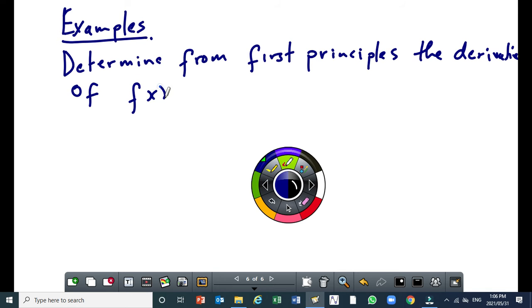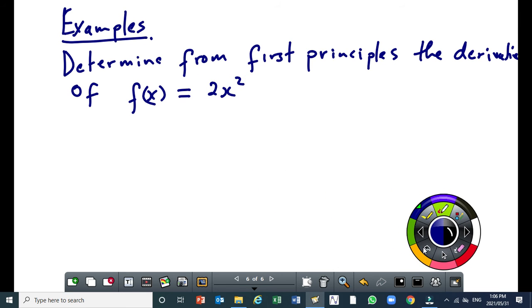So we can have f of x equal to 2x squared. What this means is we want to determine a general formula for the gradient of f of x equal to 2x squared in terms of x. We want to determine what is the gradient of that function.